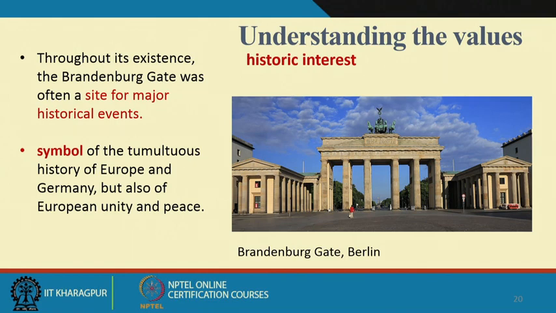So, history means not only one particular event or one particular association. History spans a wider span of time. It has become a symbol of the tumultuous history of Europe and Germany, but it is also a symbol of European unity and peace.